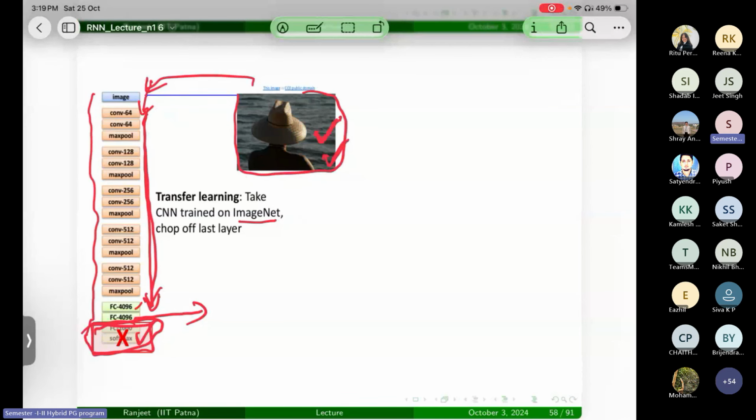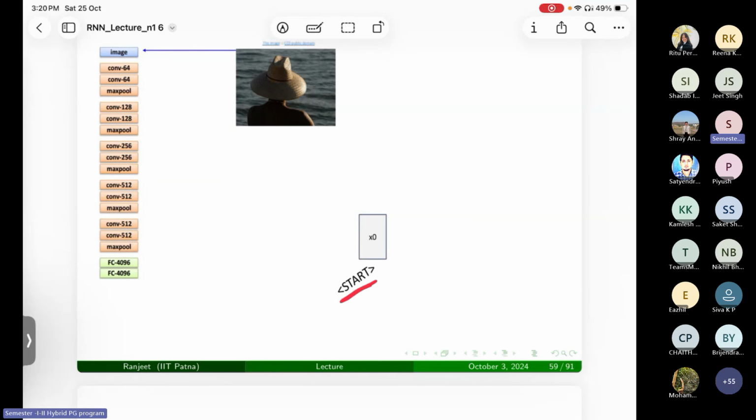Now we have to generate the text. For generating the text, we have to start from somewhere. So there is a start token, or you can say a start word. This is a fixed word, which means we are saying, hey, now we have to start giving the description.